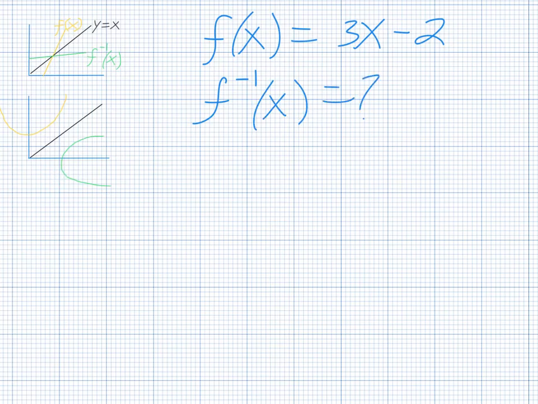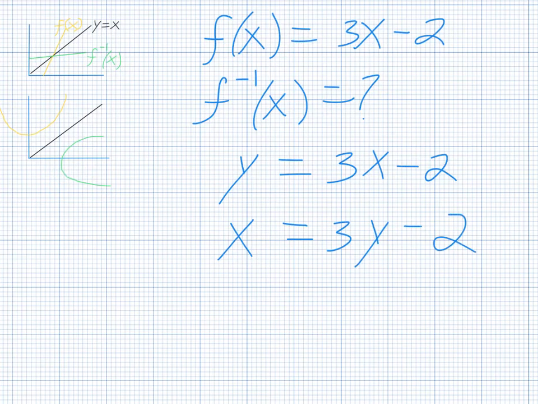First step is we want to get rid of the f of x and use y, because that just makes it easier for us to conceptualize. So instead of f of x, I'm rewriting the function with y, so y equals 3x minus 2. The next step is to switch the x and the y's. So the y becomes an x, and the x becomes a y, so now I have x equals 3y minus 2, and I simply solve for y.